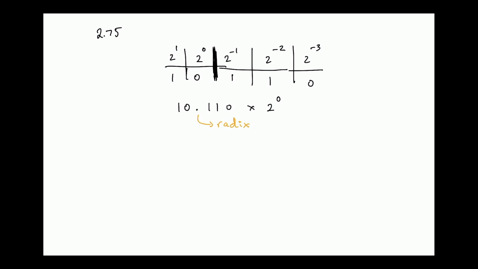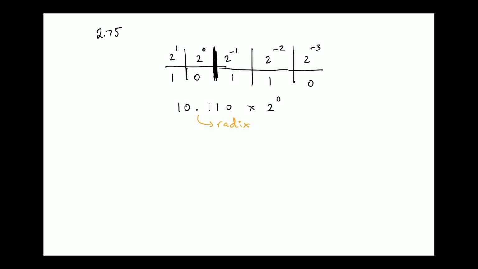Okay, so does this fit our rule about scientific notation? Why not? It's not exactly one thing before the radix. This one has 2 things before the radix. Okay, so in the same way that I would write 6.02, not 60.2, for Avogadro's number, I need to have this thing be kind of the correct form.